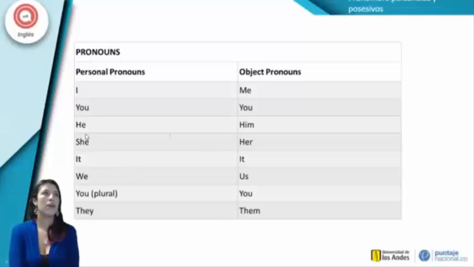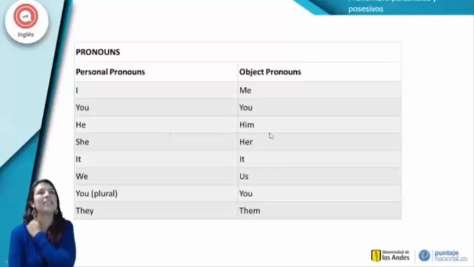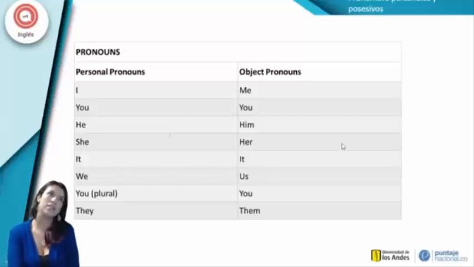The personal pronoun is he, object pronoun him, and the possessive pronoun, as I already said, is his. With she, we have her and hers. It, its. For object pronoun, we have us, and then we have ours.